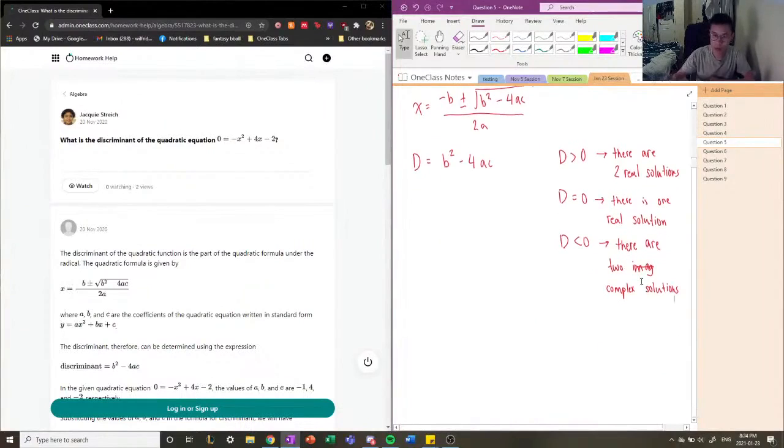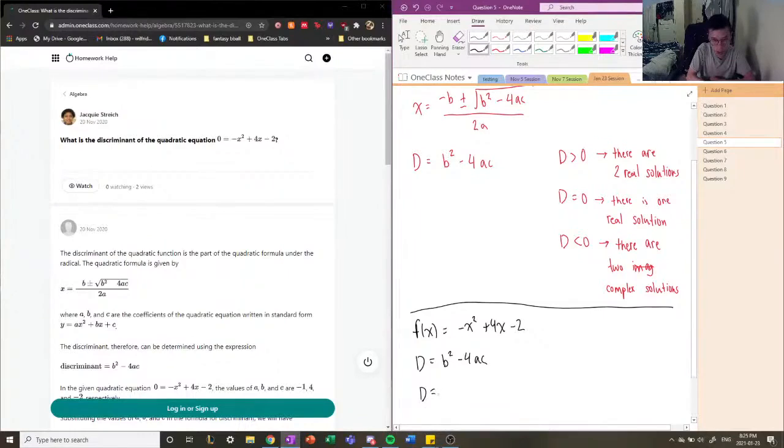So, in this case, we're going to calculate the discriminant of our above function here, and it'll give us information about its solutions. Okay, so our function here is negative x squared plus 4x minus 2. So the discriminant formula is b squared minus 4ac. And we plug in b, a, and c, which are the coefficients of the standard form of our quadratic function.